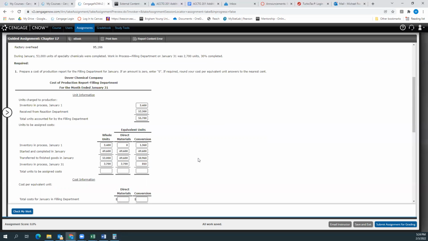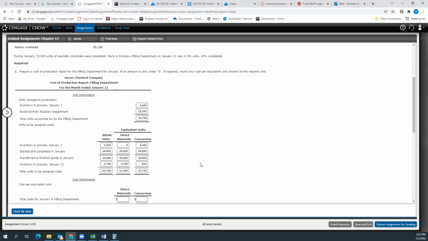So again, we will just add these up, 53,000 plus 2,700, which is 55,700. 49,600 plus 2,700, which is 52,300. And 50,960 plus 810, which is 51,770. So that gives us the equivalent units for the month of January.